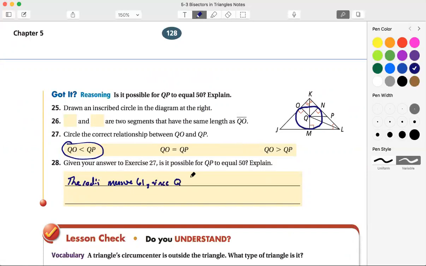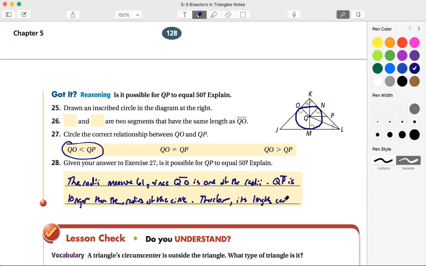Since QO is one of the radii, QP is longer than the radius of the circle. Therefore, its length cannot be 50.